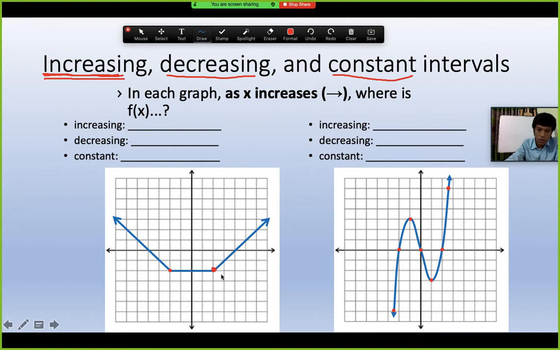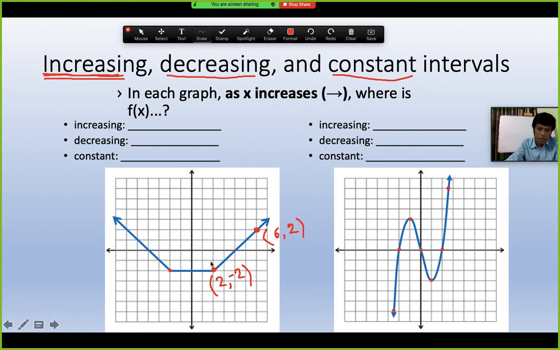This is 2 comma minus 2. And some point here, suppose, this is 1 2 3 4 5 6, so it is 6 comma 2.